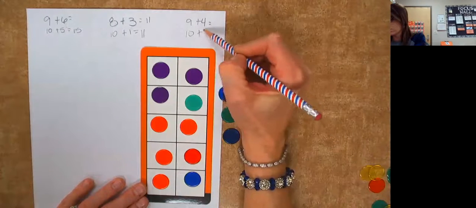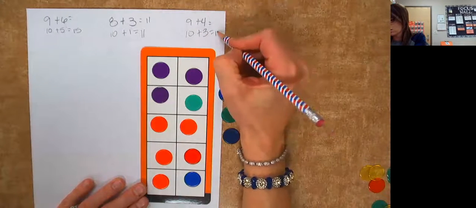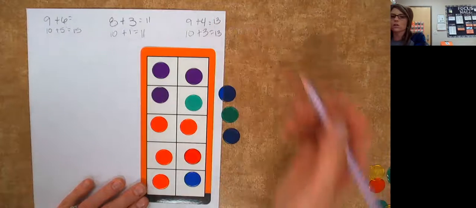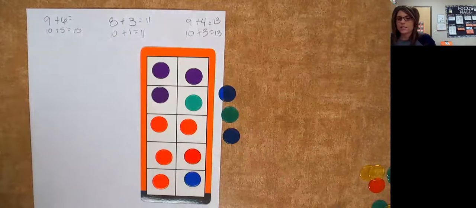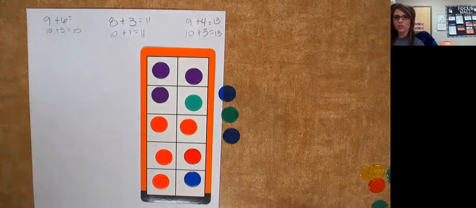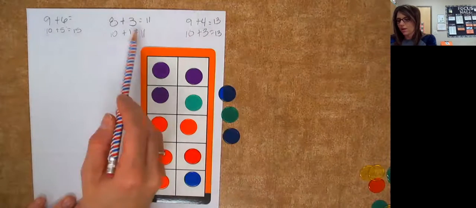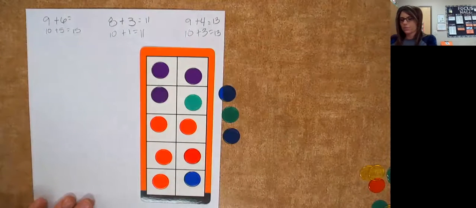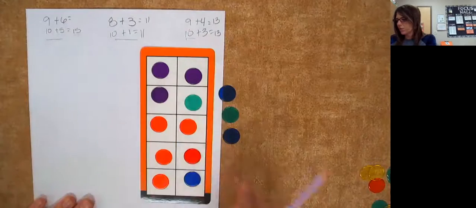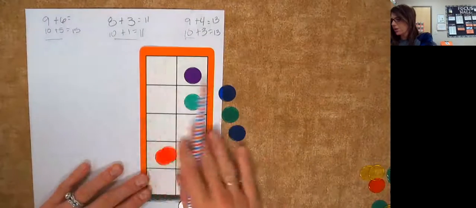So 10 plus 3 equals 13, and 9 plus 4 is also 13. I didn't add or take away any of my chips, so it's still the same answer. It's just easier to think of a 10 plus another number rather than 9 plus 4 or 8 plus 3 or 9 plus 6. Creating that 10 just makes it a little bit easier on your brain to figure out.